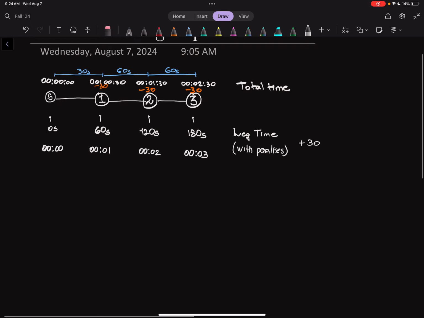So you get a leg time of 30 with penalties. That would be in blue, 30 seconds. And then you get another total time penalty of 30 seconds here because you're missing 30 seconds. That's the discrepancy. So overall, your absolute penalties are 60.